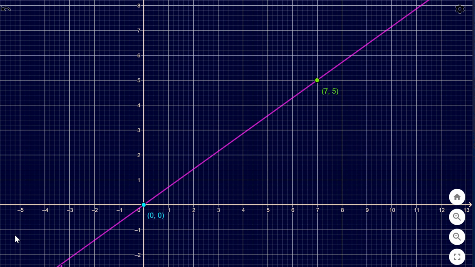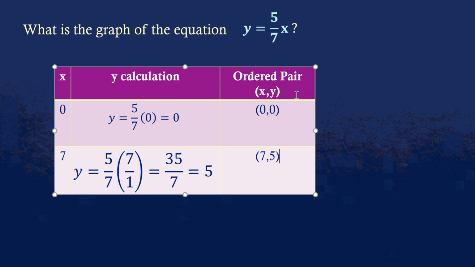All right, so for you, you won't be using a graphing calculator. You need to know how to do it on paper. So make sure you know how to do it by hand. And hopefully this is eye-opening. From now on, you'll fully understand why you only need 2 points to graph a line, and also how to tell if the equation you're looking at is going to form a line.